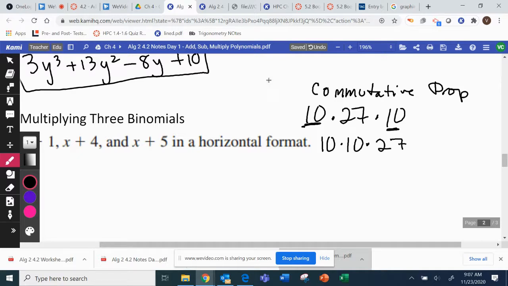So if I multiply the tens together, I get 100, but that's not my answer. So now what do I do? 100 times 27 is 2,700, right? What we did is we multiplied 2 of them together first.